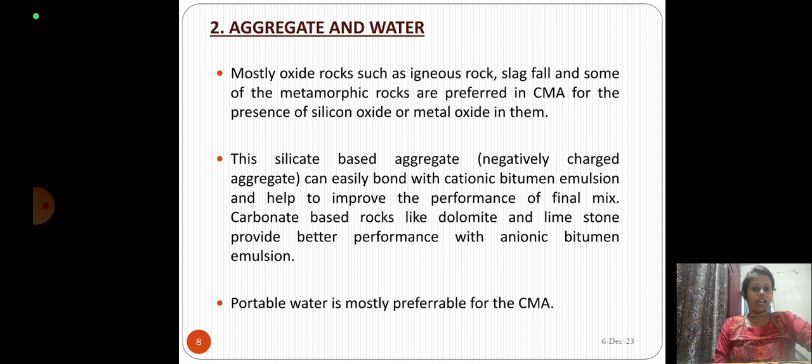However, for anionic type of emulsion, carbonate based rocks like dolomite and limestone provide better performance as compared to other rocks. As for water, potable water is used as premixing water for lubrication of the mixture, or to mix it easily with the emulsion.